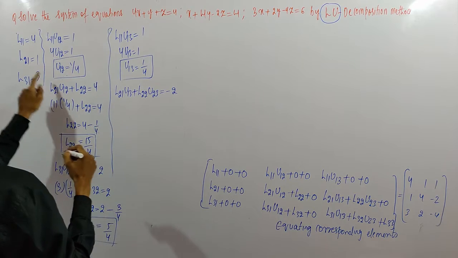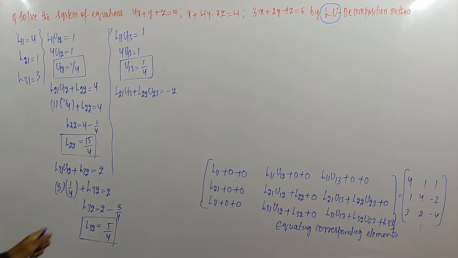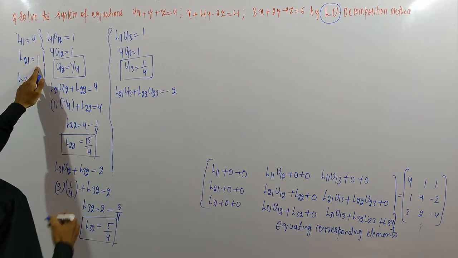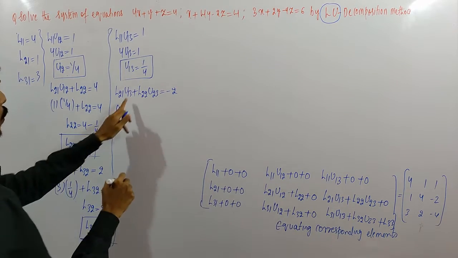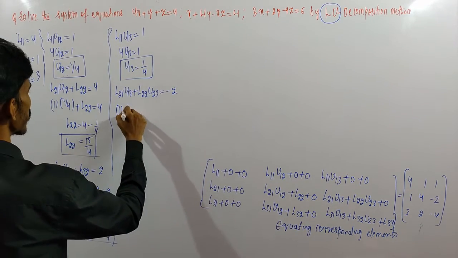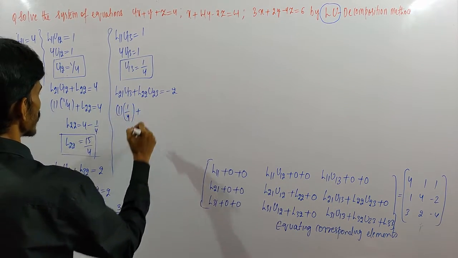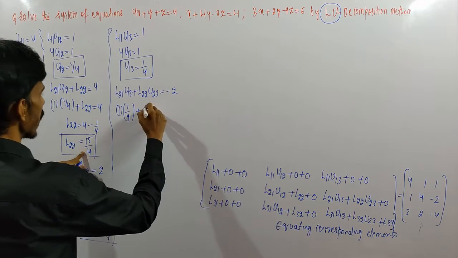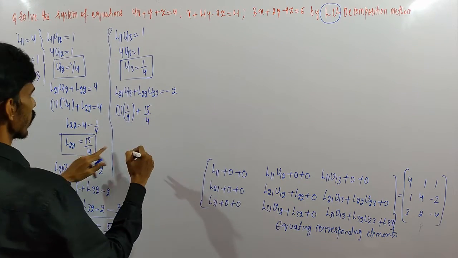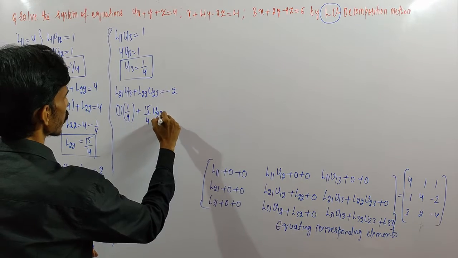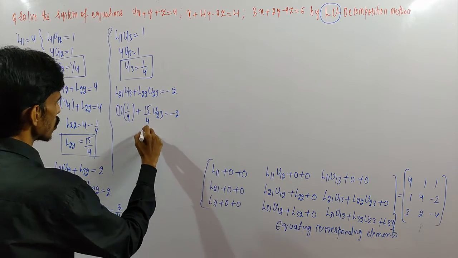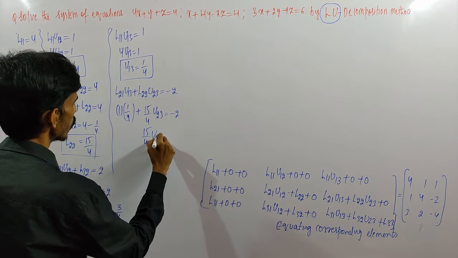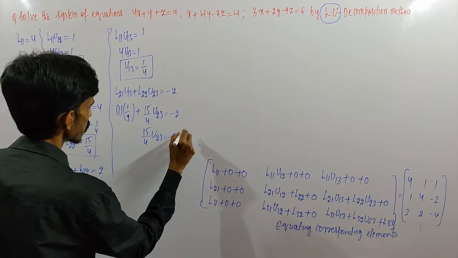Now L21 value is 1, U13 value is 1 by 4 plus L22 value is 15 by 4, U23 is equals to minus 2. So we have 15 by 4 U23 is equals to minus 2.